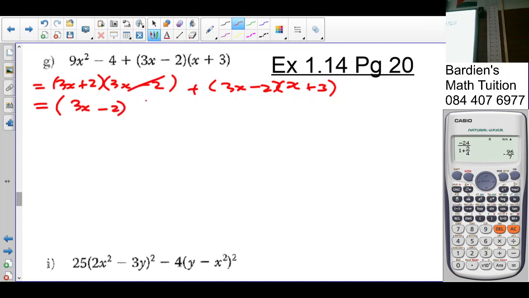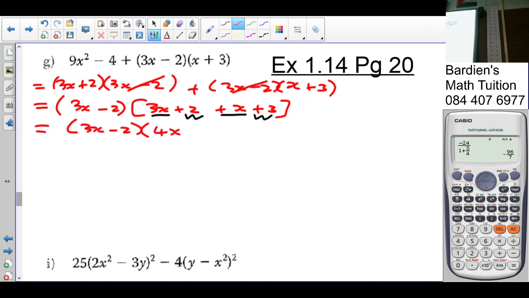But I get out, what am I left with? 3x plus 2 plus x plus 3. Do we stop there? No, why? It's like terms here. You mustn't just say yes for everything. So we get 3x minus 2 and 4x plus 5.